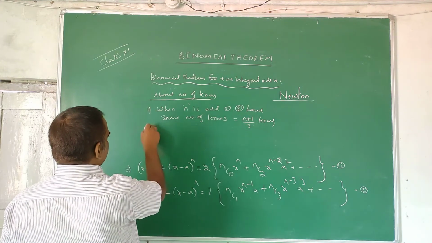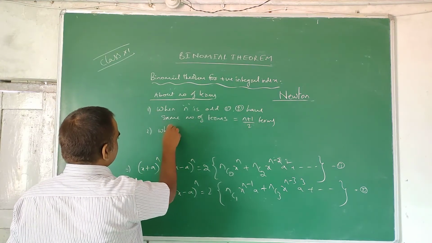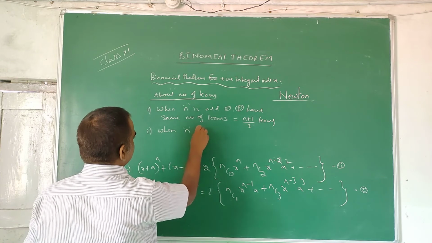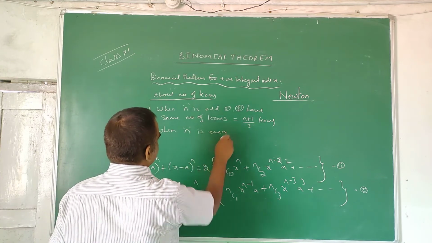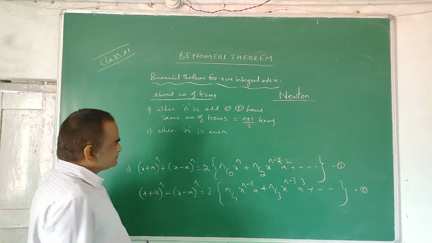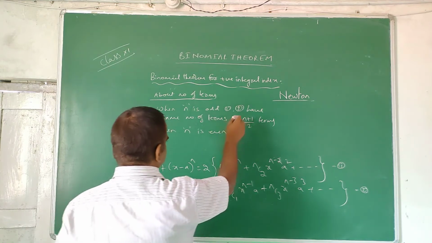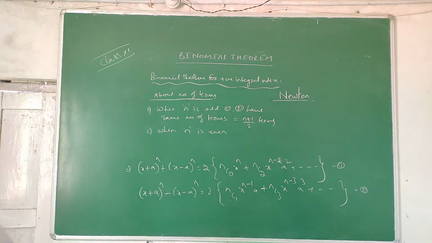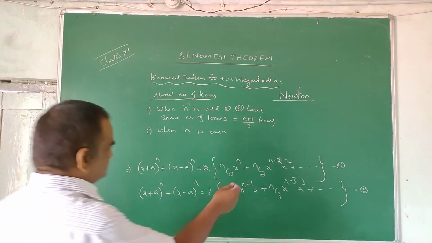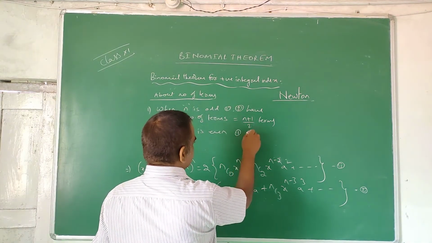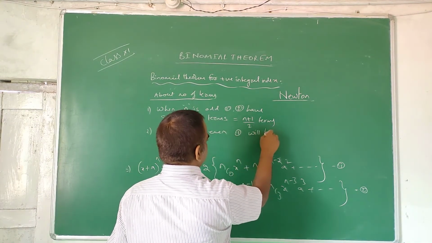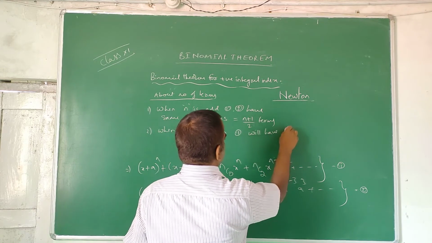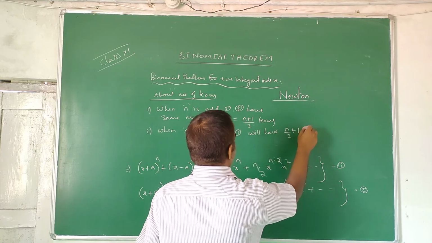Now, when n is even, are you following? When n is even, the first expansion will have n by 2 plus 1 terms, the number of terms I am talking about.